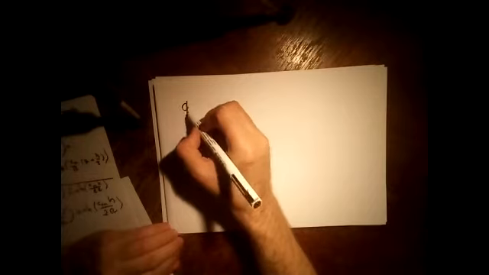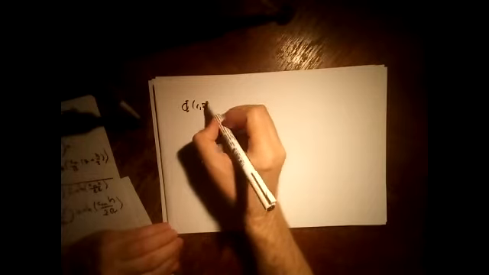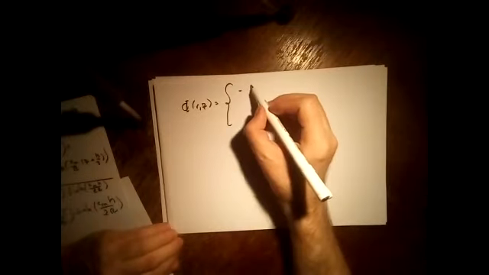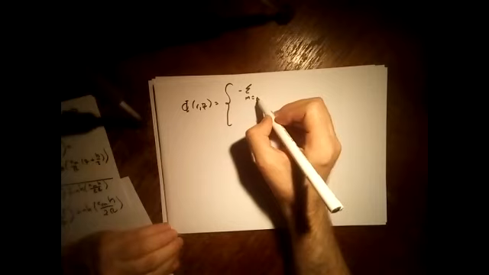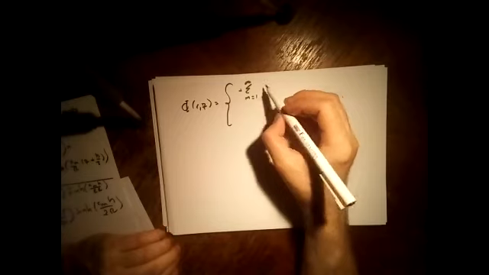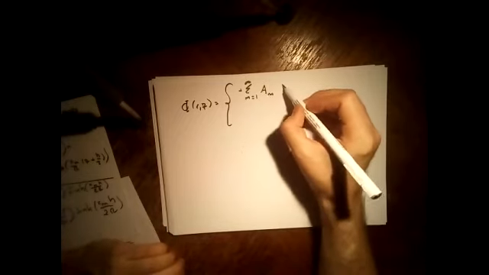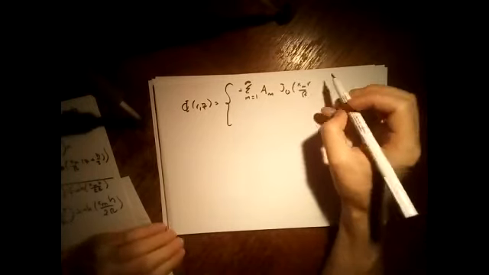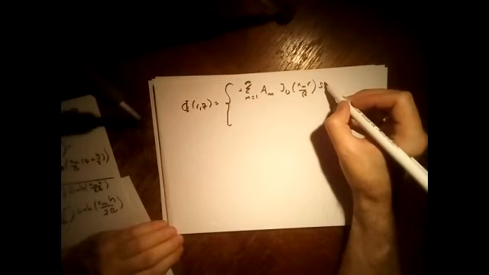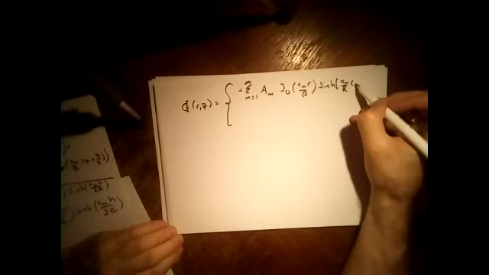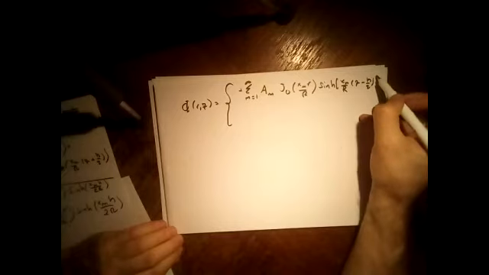So our potential now looks like phi(r, z) equals the sum, m equals 1 through infinity, of a_m J0(x_m r over big R) times hyperbolic sine of x_m over big R times (z minus h over 2).